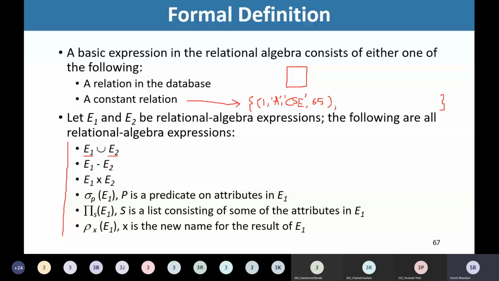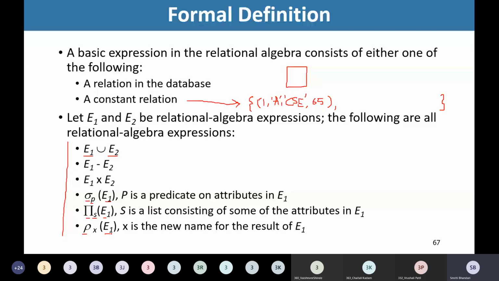Then we may have E1 union E2. We may have E1 set difference E2. We may have E1 Cartesian product with E2. We may have the select operation on E1 or E2 with some predicate P. We may have the project operation on E1 or E2 with S, that is the list of attributes.